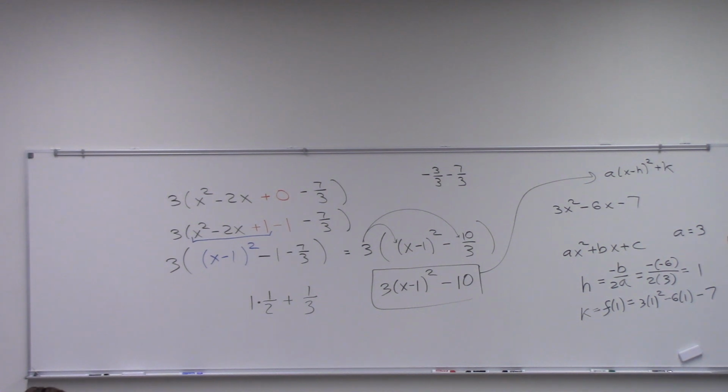Hold on. Something ain't right. Minus 1 plus K. You get negative 10? Oh, this is 3. Okay. For some reason, I was thinking this was 6, because I multiplied like an idiot. Okay, so this is negative 10.